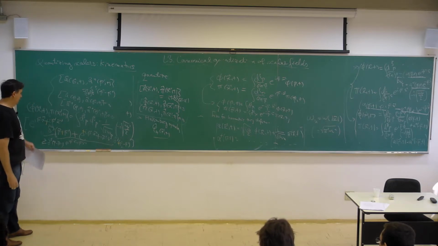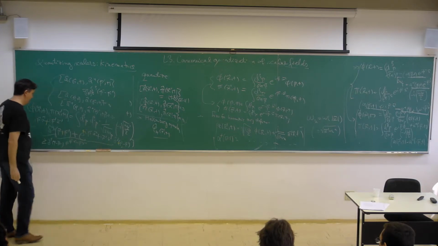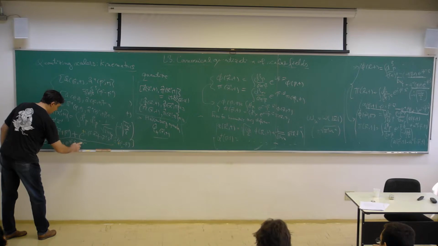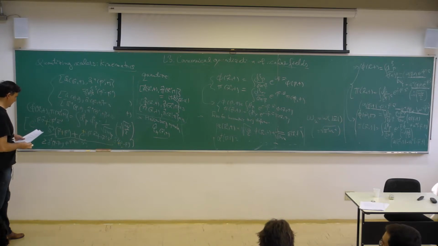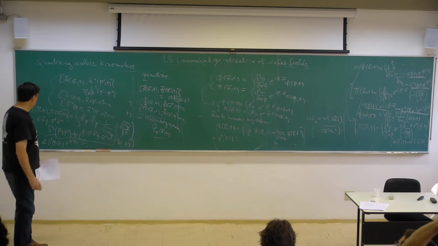And then when I do one of the integrals, let's say p prime, I cancel this, and then p comes with delta x plus x prime. No, again, I got a sign wrong.